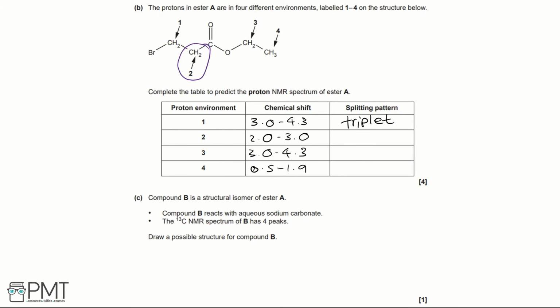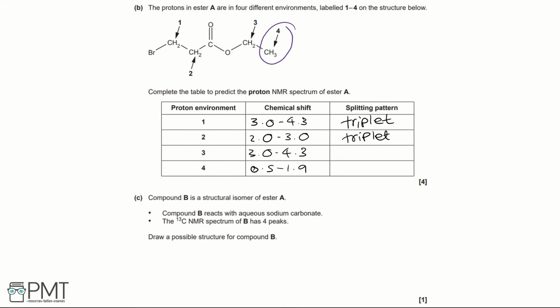Then, looking at proton environment 2, we need to look at the proton environment next to proton environment number 2, and that is number 1. There are also 2 hydrogens involved in proton environment number 1, so adding 1 to 2 would produce a triplet splitting pattern. Then, looking at proton environment number 3, we need to look at proton environment number 4 because that's right next to it.